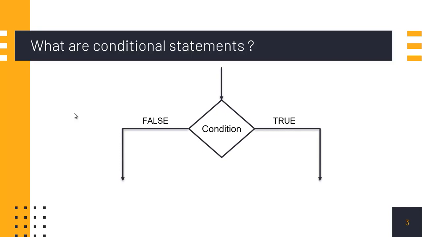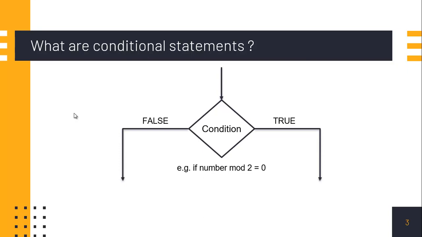For example, if you're trying to find even and odd numbers, we'll have a condition which says if number mod 2 is equal to 0. Mod 2 means the remainder of the number when it is divided by 2. If it is 0, it means it's an even number.